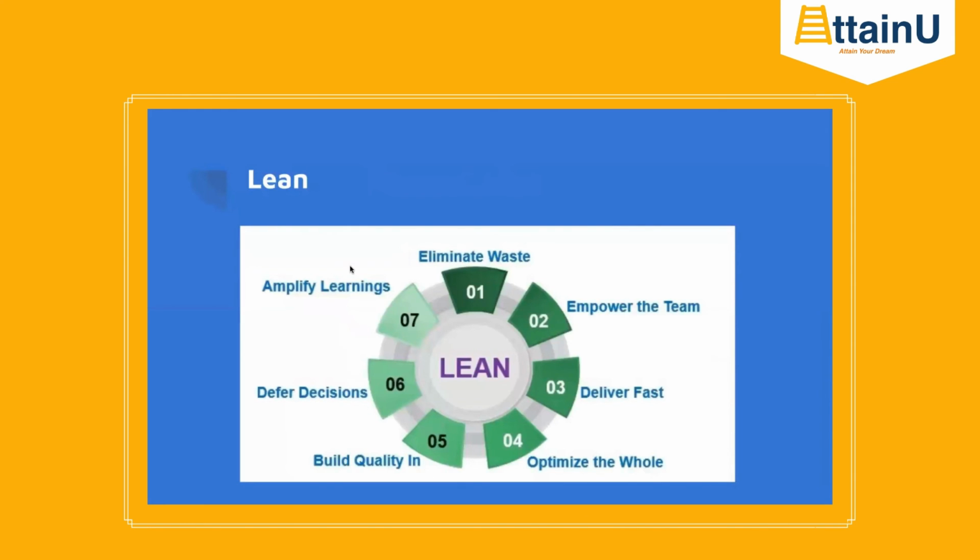Here is another framework which is called lean programming. In this, we eliminate the waste, we empower the team, we deliver everything fast, we optimize the whole thing, we focus on the build quality, we defer decisions, we amplify learnings, then this thing goes on, right?